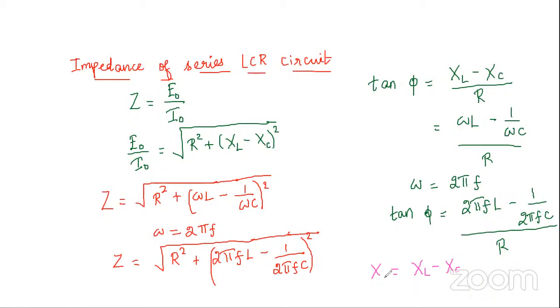So now we will be writing a few more equations for this LCR series circuit. That is called the impedance triangle equation. Impedance triangle means you will be having one right angle triangle.